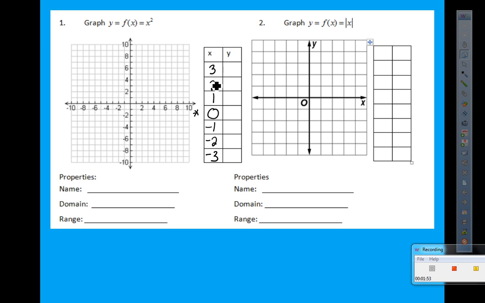I'm going to plug these x values in for that x value right there. So I'm going to go 3 squared and get 9. I'm going to go 2 squared and get 4. I'm going to go 1 squared and get 1. I'm going to go 0 squared and get 0. I'm going to go negative 1 squared and get 1. Negative 2 squared is going to be 4.